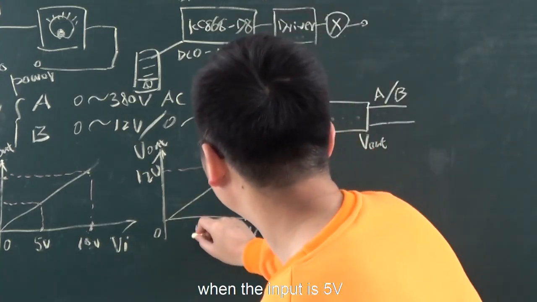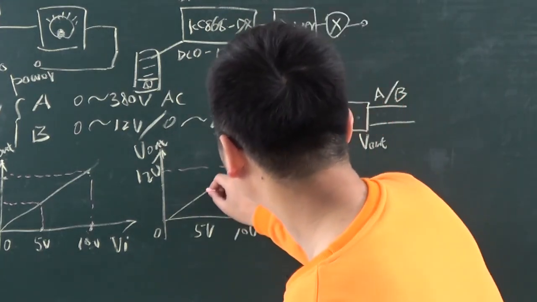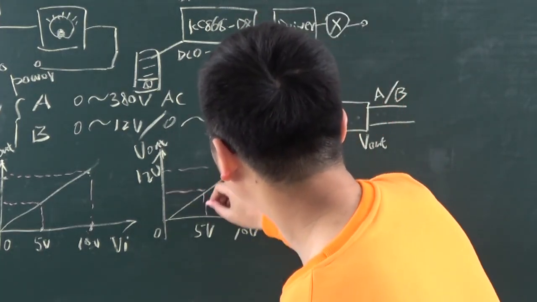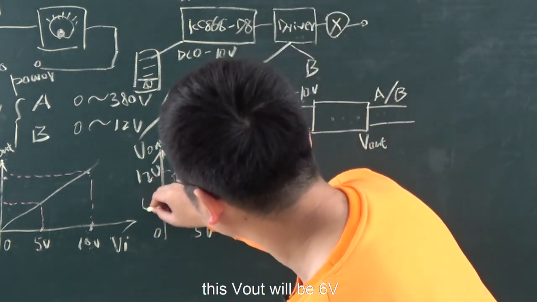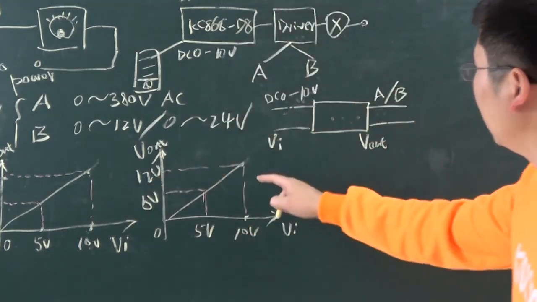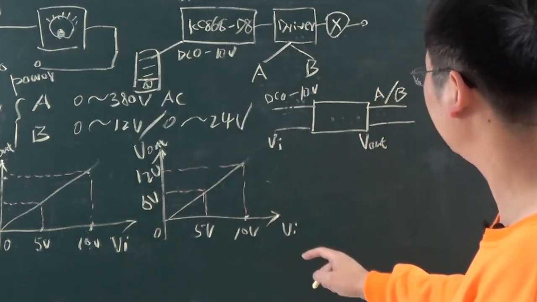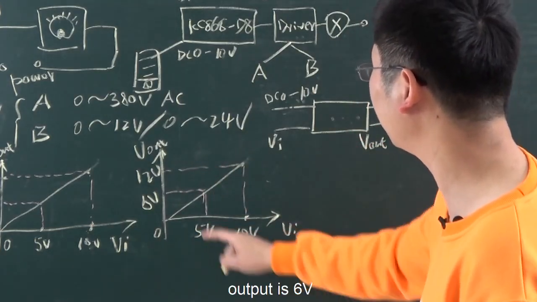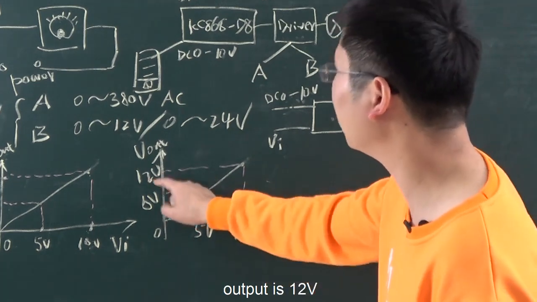When the input is 5 voltage, V out will be 6 voltage. So the driver does DC conversion. Input is 5, output is 6. Input is 10, output is 12.